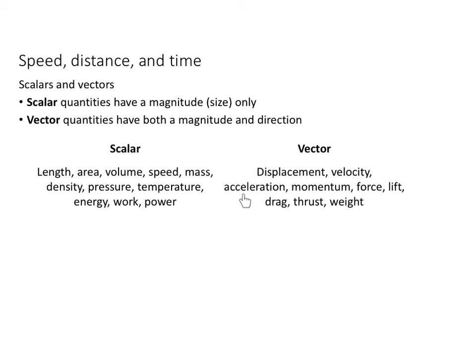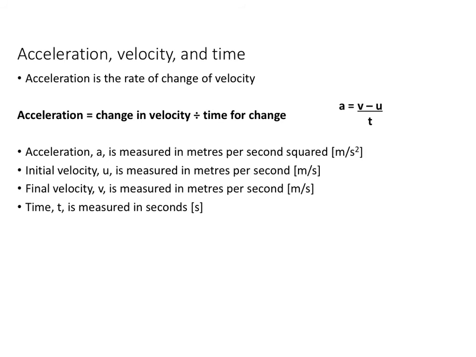Acceleration is either positive or negative, so again it has a direction. Momentum, force, lift, drag, thrust, weight are all types of forces. They all have a direction, and that direction is important. So remember that a vector has a direction, and both scalars and vectors have a magnitude, or size.